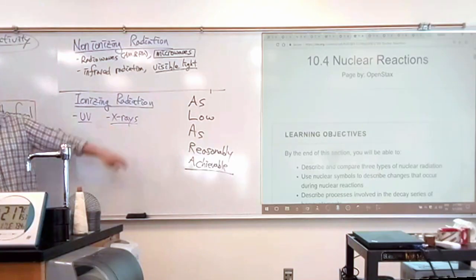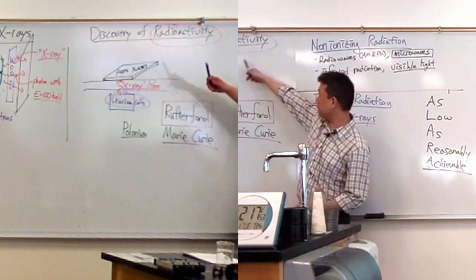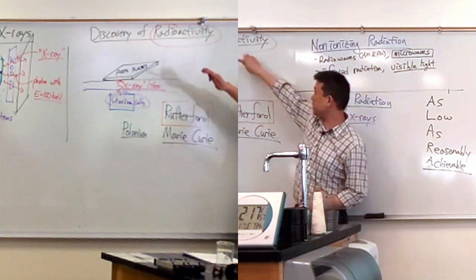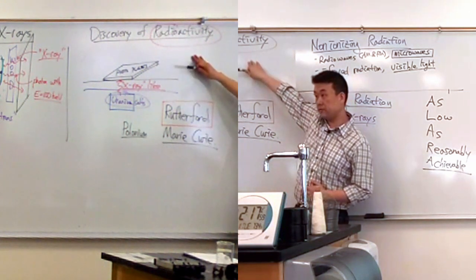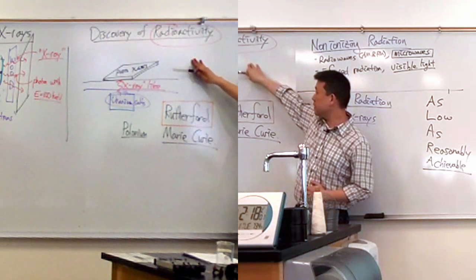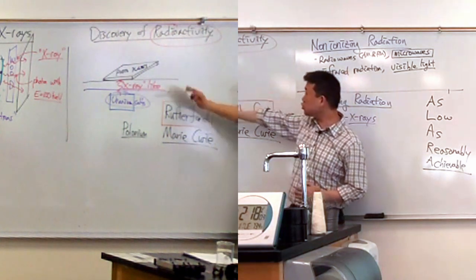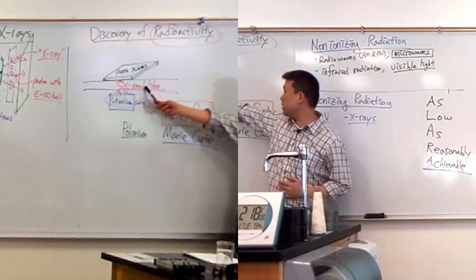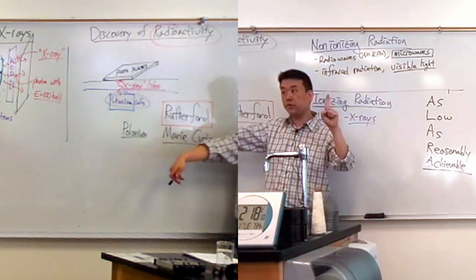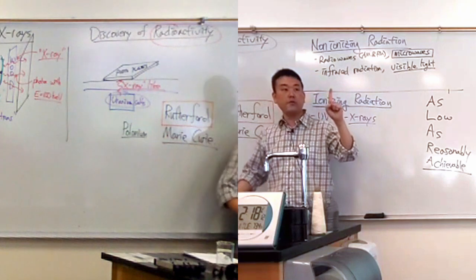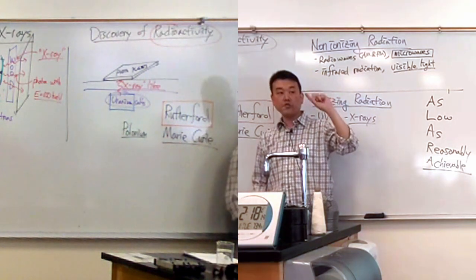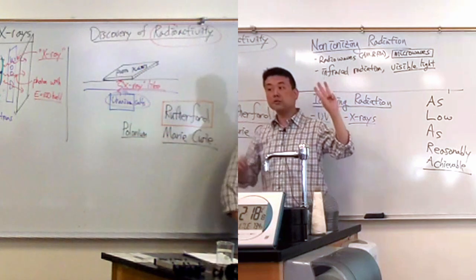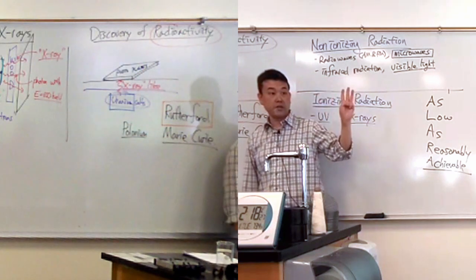This is where the study of radioactivity enters. Radioactivity emits ionizing radiation. And this strange feature that Becquerel noticed was only one component of radioactivity, but the other two components are also a type of ionizing radiation.